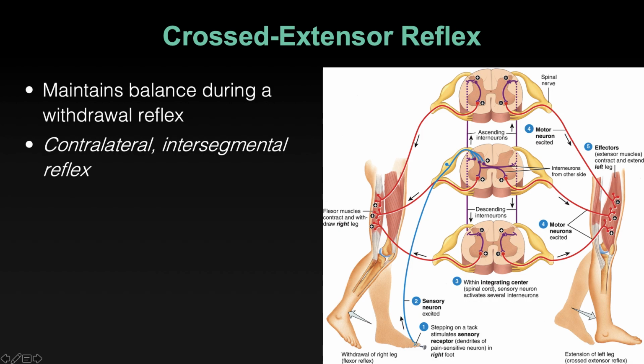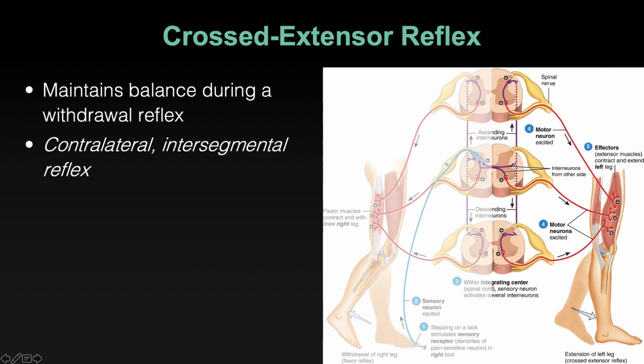Contralateral, meaning opposite side of the body. Rather than leaving on the same side where the sensory signal arrived, we can activate muscles on the other nerves on the other side of the spinal cord to contract muscles on that side to help us hopefully keep our balance in this situation.